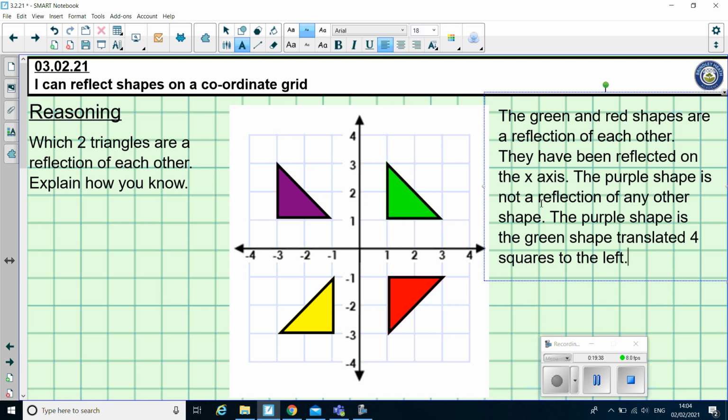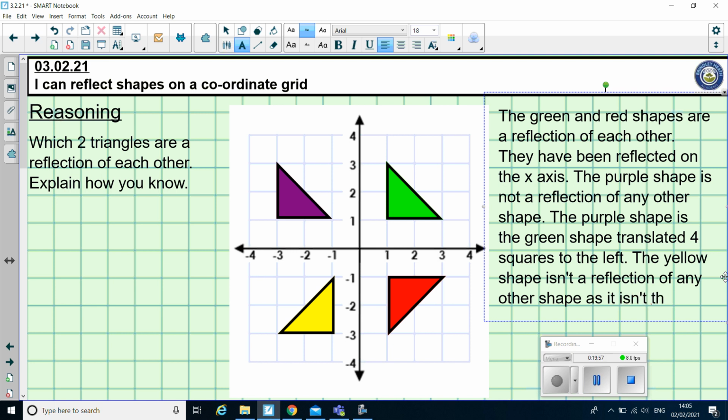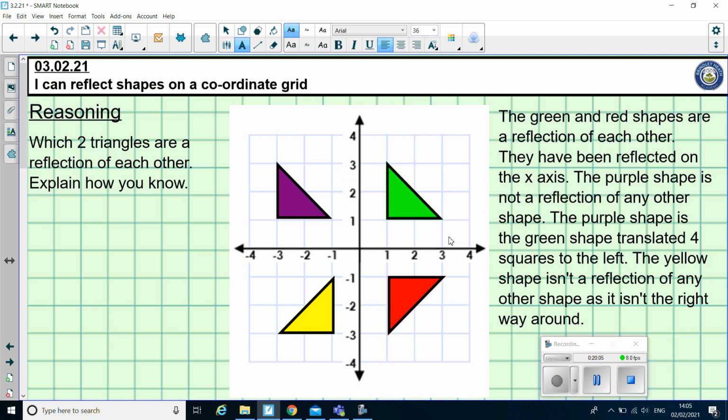The yellow shape isn't a reflection of any other shape because it simply isn't the right way around. And I would leave it at that. Okay, so a really detailed answer saying which shapes are a reflection and why the other shapes aren't a reflection.